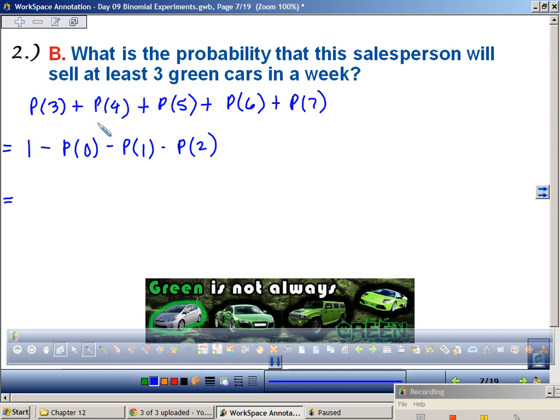Does everybody understand that 0 plus 1 plus 2 plus 3 plus 4 plus 5 plus 6 plus 7 will all equal 1? 100% probability is 1, right? On a scale of 0 to 1 is the same as the scale of 0% to 100%.